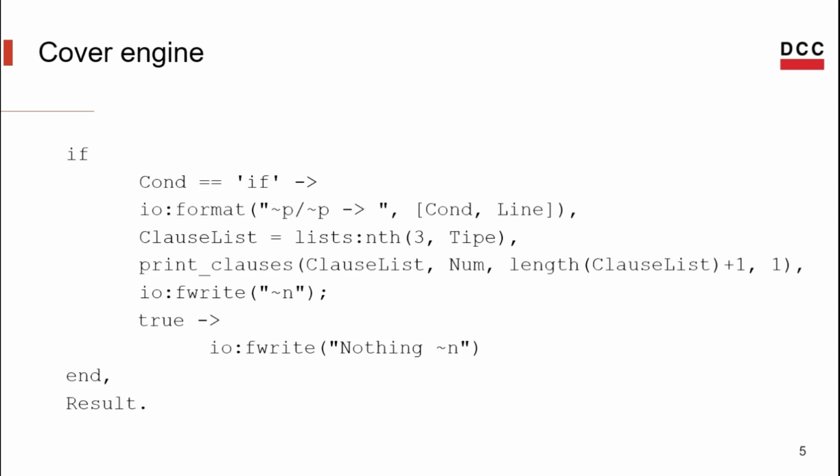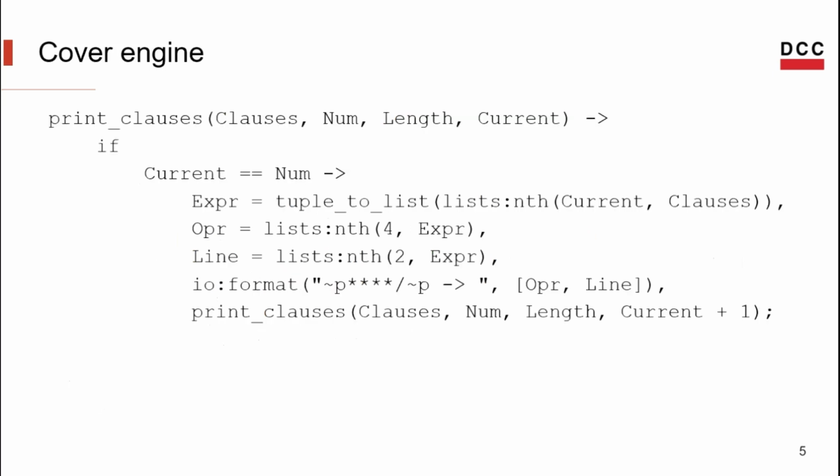Now the print clauses. When we enter the print clauses, we verify if the current clause is inside the num variable. If they are the same, that means that this clause was executed. Then for this clause, we get the fourth item of the list, which is the operation that is going to be done in this clause. Then we get the line, which is the second element of the list.